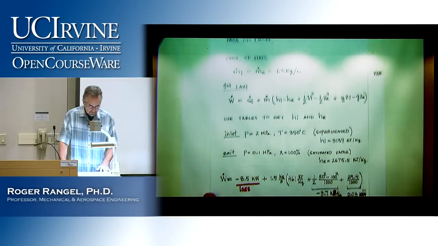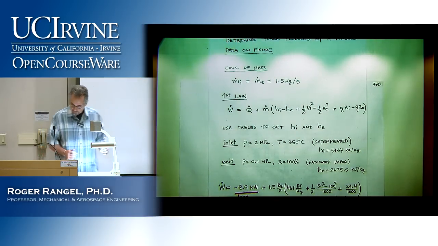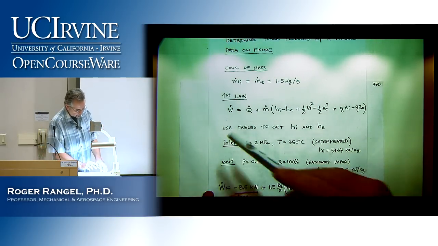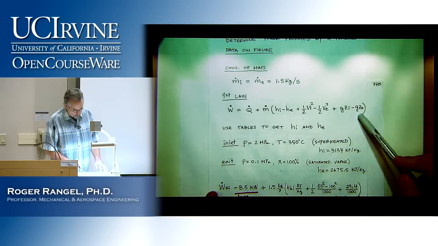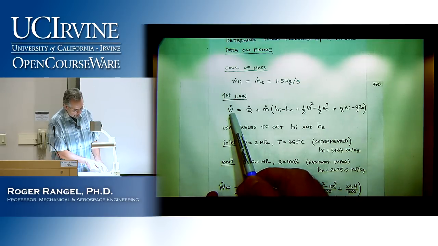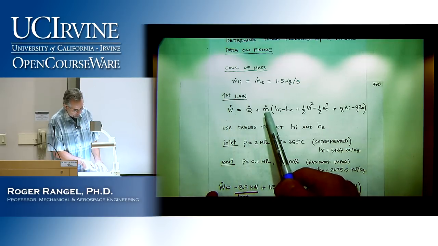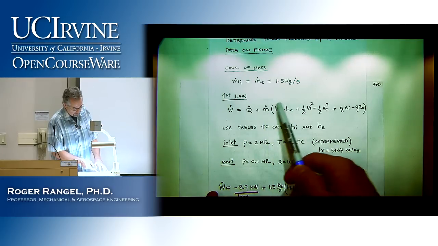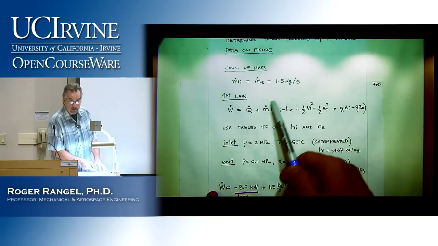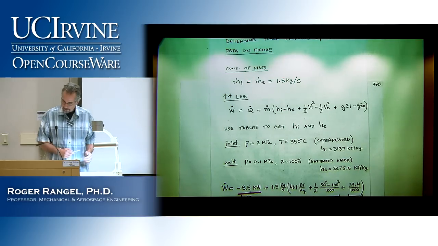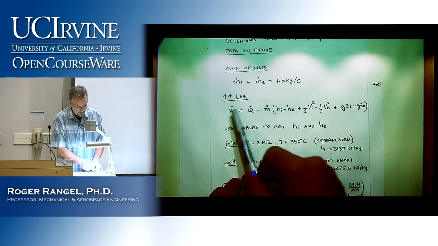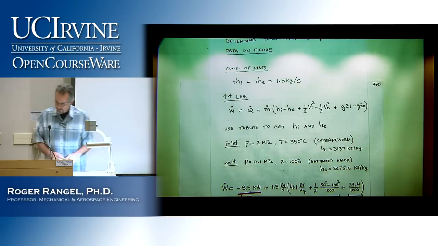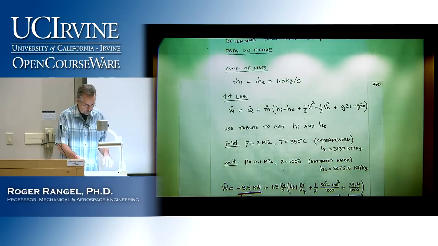If we had done that from the beginning, then of course this equation here would have only had the power term on the left-hand side and then the mass flow rate term times the enthalpy difference. That would be all that is left. And that's actually the most common way of tackling a problem like this, if you make those assumptions.